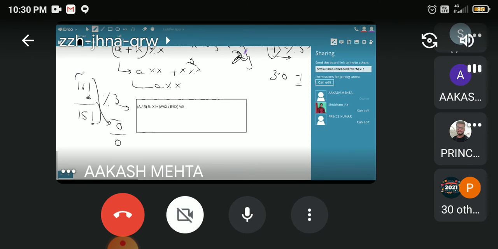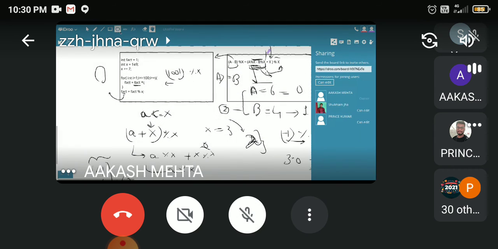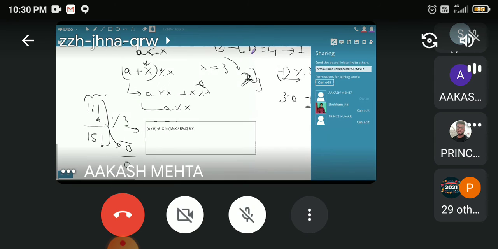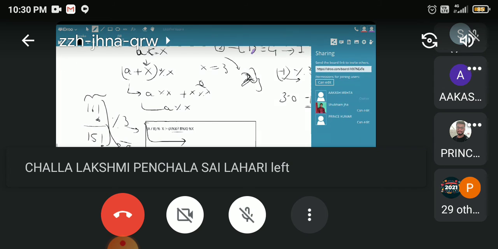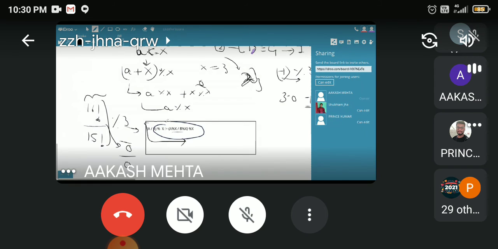While calculating factorial, you won't be calculating directly the product and dividing that. I am just proving this statement which I have written, that a by b modulo x is not equal to a modulo x upon b modulo x, whole modulo x.